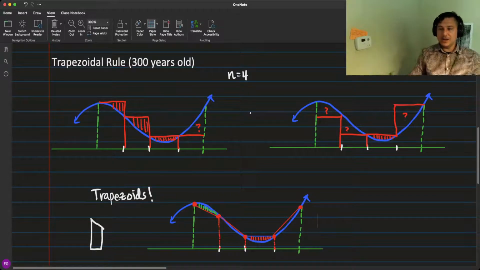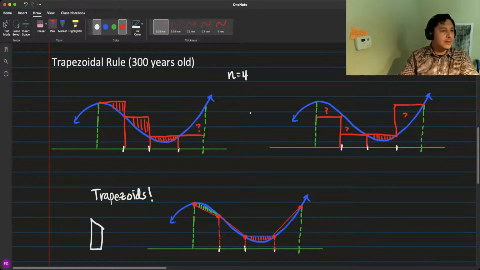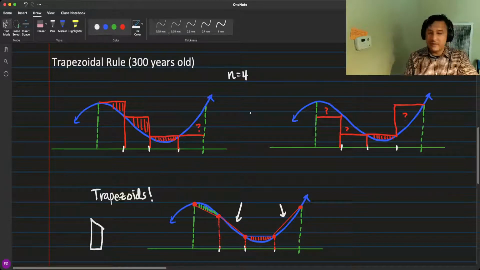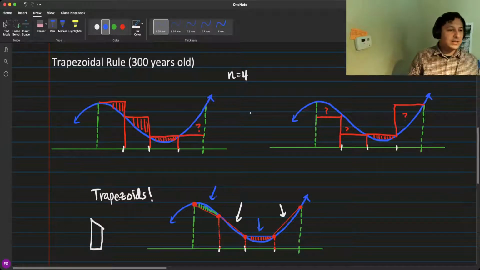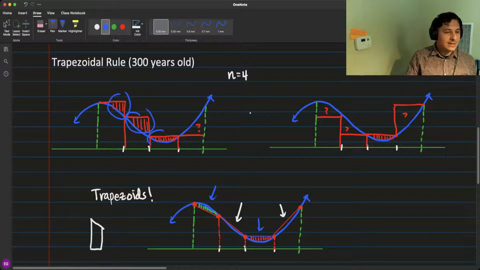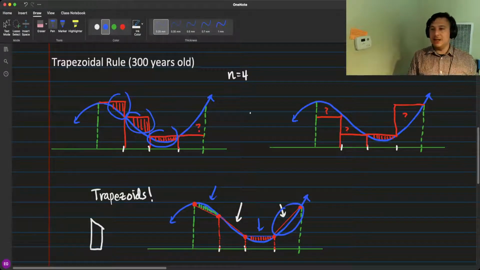If you look at the trapezoid example, this one right here and this one right here are almost perfect. Does everyone agree? And these two are only off by a little bit. If you compare that with the rectangles above, do you see how gigantic the overestimate is? The overestimate here is tiny in comparison.